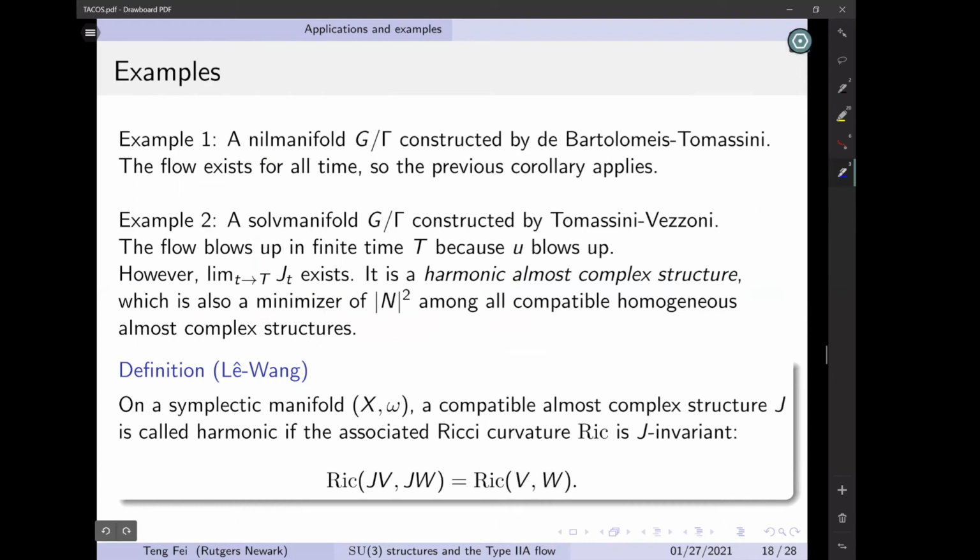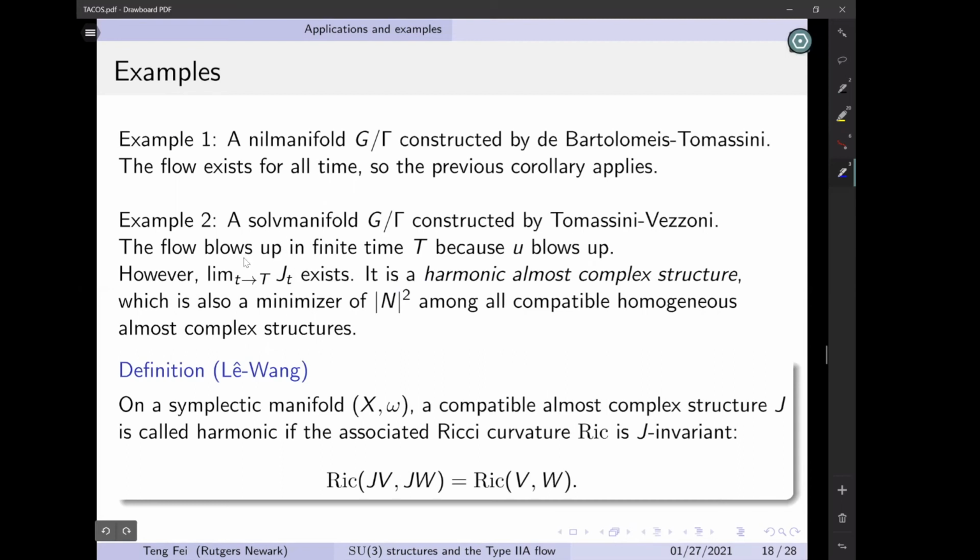I think a more interesting example comes from a solvmanifold constructed by Tomassini and Vezzoni. So in this case, the flow blows up in finite time because this function u blows up. So recall from our estimate. However, when the time tends to this limiting time, the underlying almost complex structure actually converges.